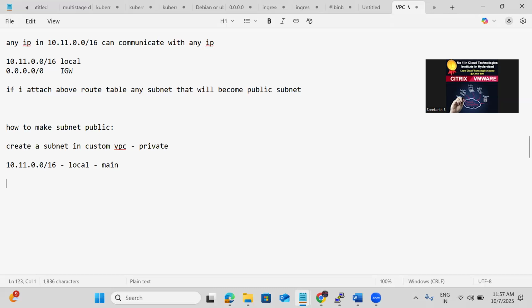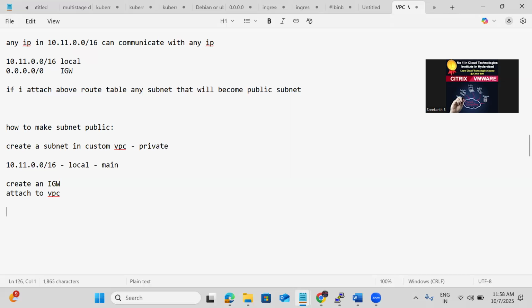If you have only this rule, we don't have any internet gateway connection. That is the reason it becomes private. Now create an internet gateway attached to the VPC. If I attach it to the VPC also, it won't become public.